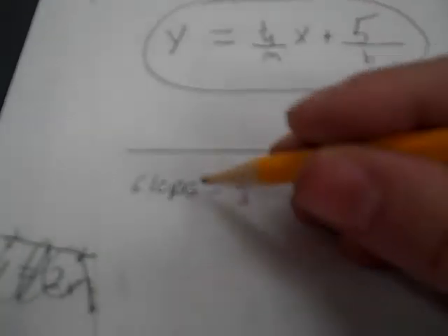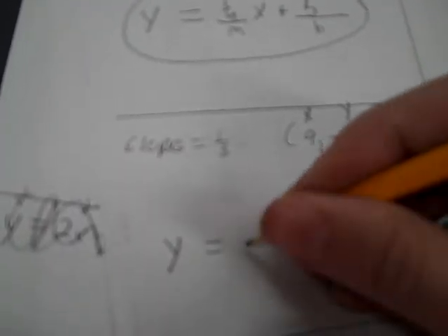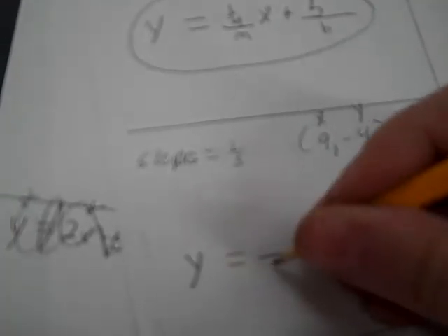Okay, next one, there's a slope of 1/3, and then it also passes through the xy coordinate of point 9 and -4. So I need to come up with the line's equation. The x needs a multiplier, that's my slope blank, and then there's another number added, that's the y-intercept, or the b blank.